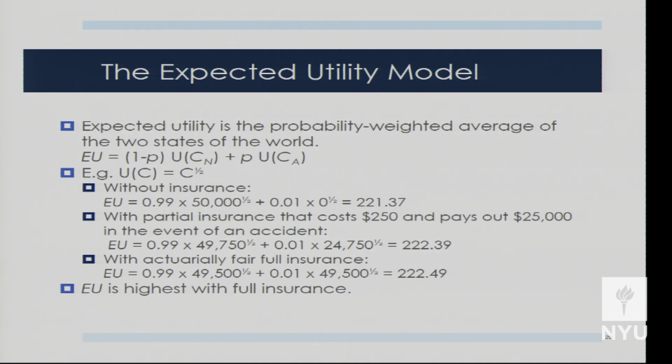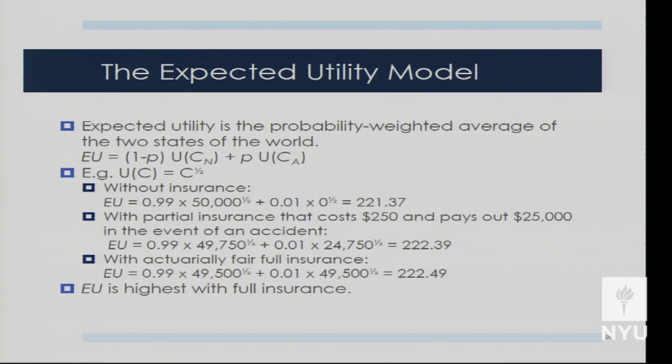Suppose P is the probability with which the bad event occurs, so the accident occurs with probability P. Your expected utility, and there are two levels of consumption: your level of consumption when you have an accident, C sub A, and your consumption when you don't have an accident, C sub N. Your expected utility over these two states of the world, accident and no accident, is simply the sum of your utility in the accident case, U of C sub A, multiplied by the probability there is an accident, P, plus your utility in the no accident case, U of C sub N, times the probability there is no accident, which is simply 1 minus P. We're always talking about binary situations. It's either no accident or accident. It's simply the sum of those two utilities, weighted by the probability of each of those outcomes.